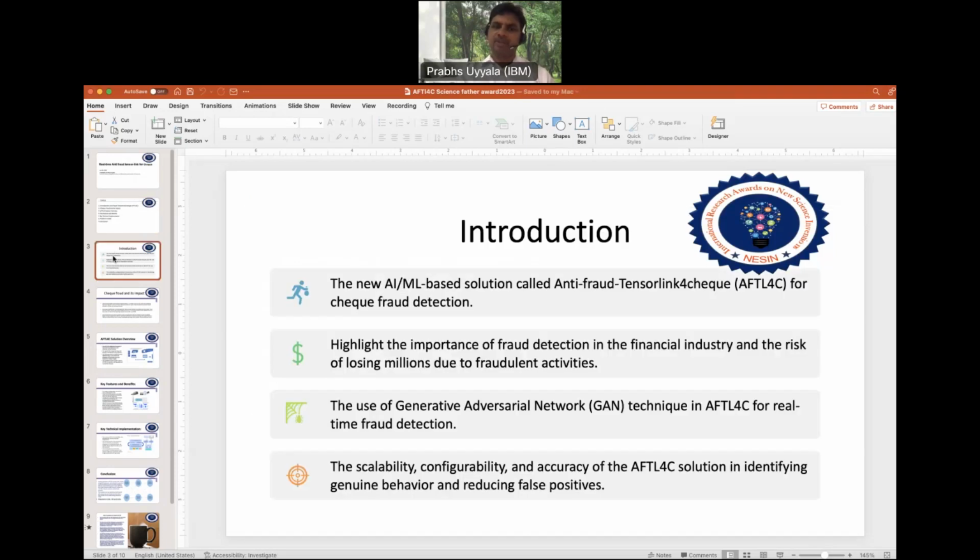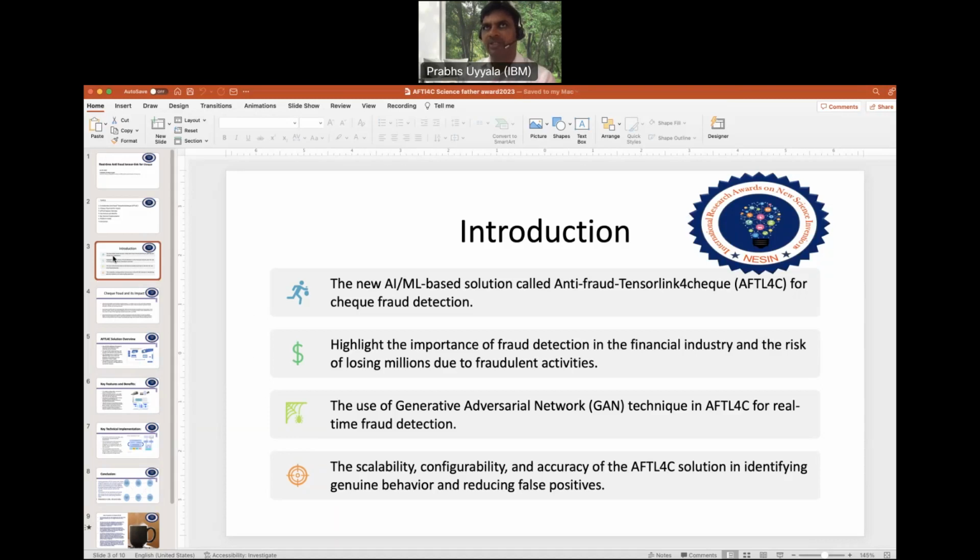Let's see the introduction. How this product is built. This is an AI/ML, artificial intelligence and machine learning based solution. We designed, built, and developed it as an anti-fraud tensor link for checks in the banking environment, to detect whether a check is fraudulent or counterfeit.